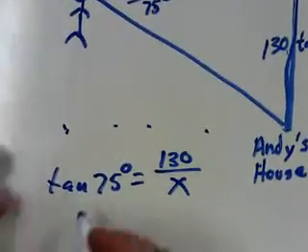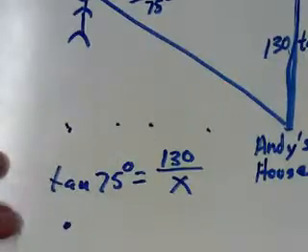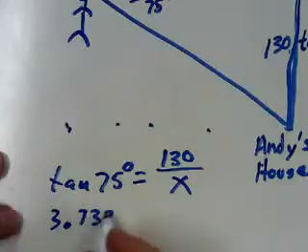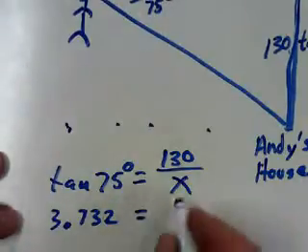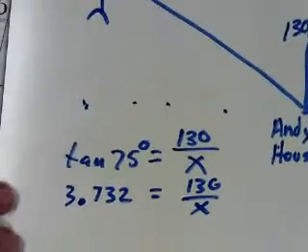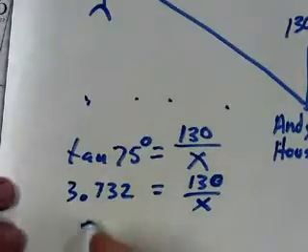Tangent of 75 is 3.732. 3.732 equals 130 over x. So 3.732x equals 130.